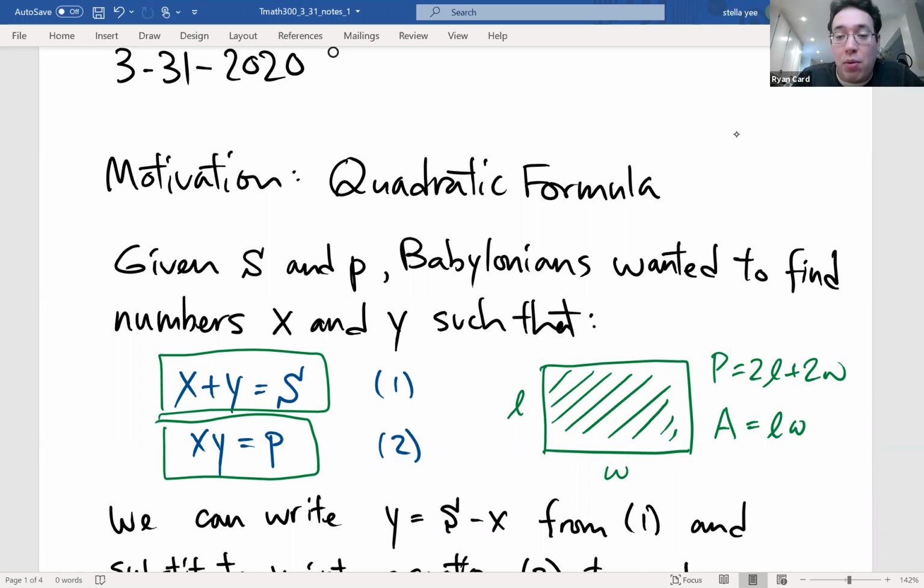And we want to know what kind of rectangular field gives these two statistics, right? The sum of the length and width and the area.